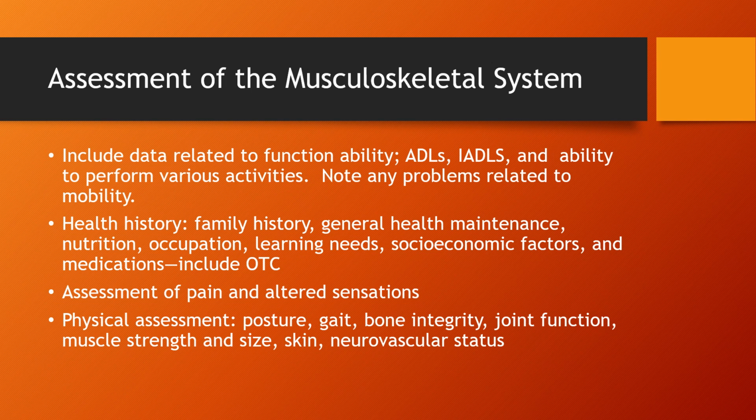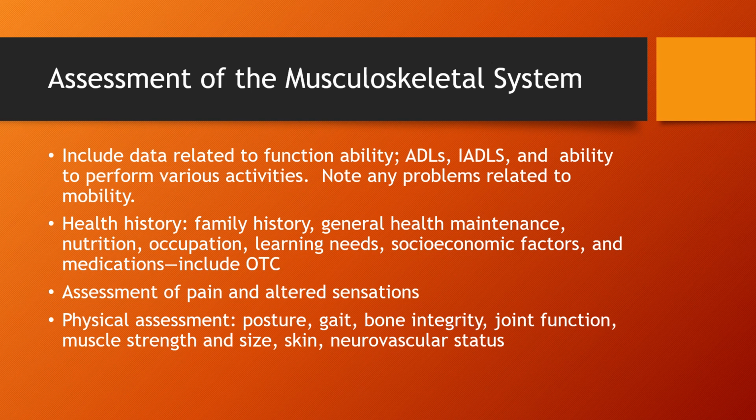So when assessing the musculoskeletal system, include data related to function of their ability. Are they able to do activities of daily living independently or not? Their ability to perform various activities, especially related to mobility. And then gather their health history, their family history, their general health maintenance. Are they having good lifestyle choices?